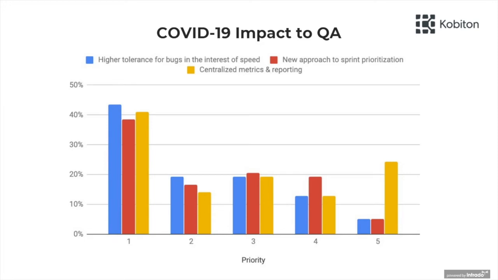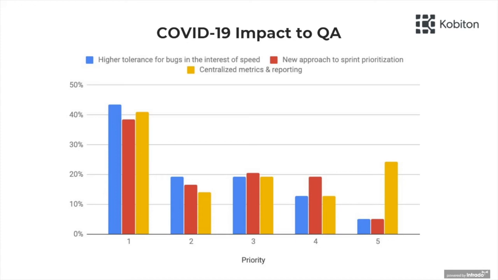The final slide I'll just talk through briefly, and then I'll open it up to questions, is also in the survey: the tolerance for, sort of, what impact has COVID had on QA. The top three were there's a higher tolerance for bugs in order to get things out faster.